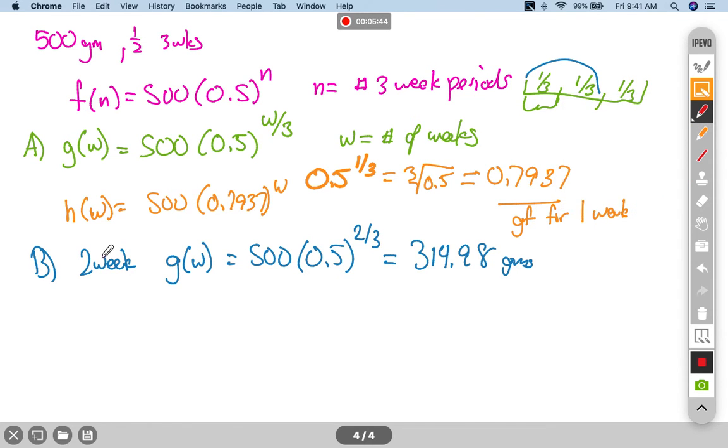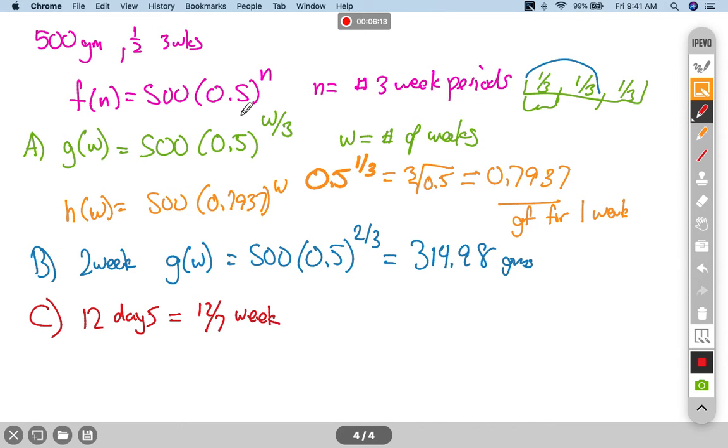For part C, we're going to 12 days. And we can, again, do that 2 ways. We have our function in weeks. I have 12 days, so 12 days would be 12 divided by 7 weeks. I can make that a fraction.